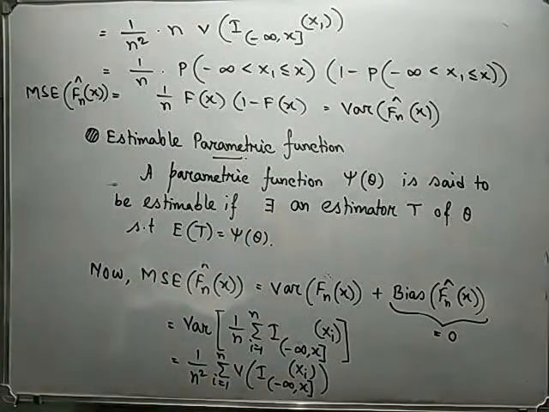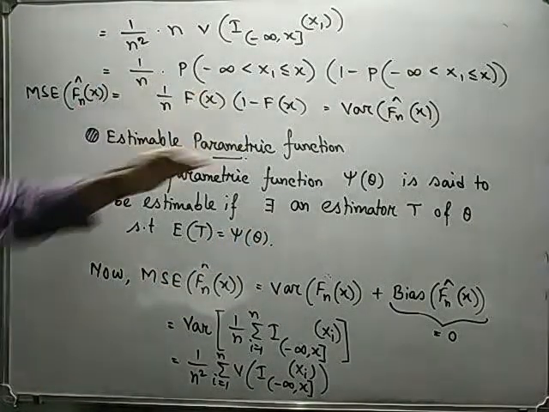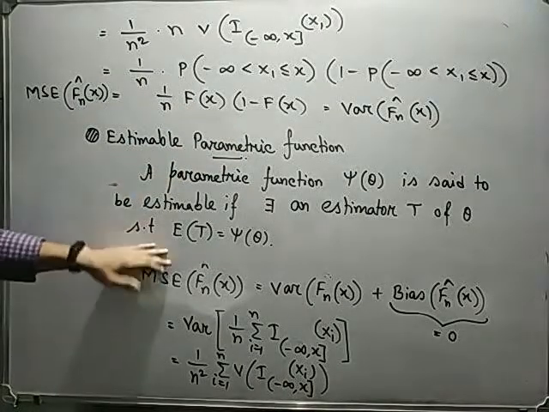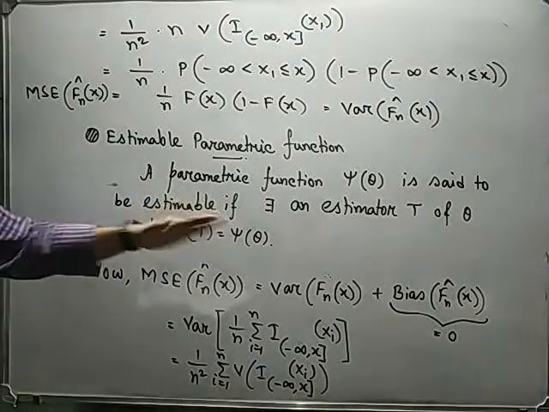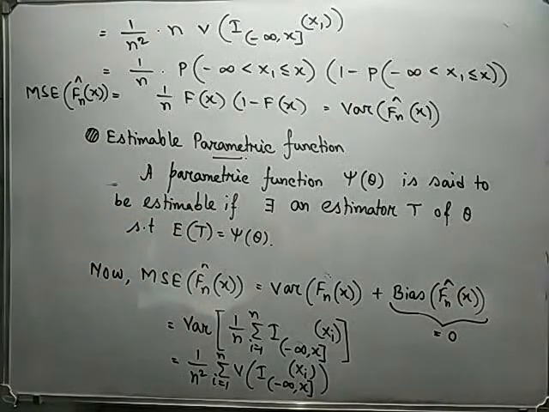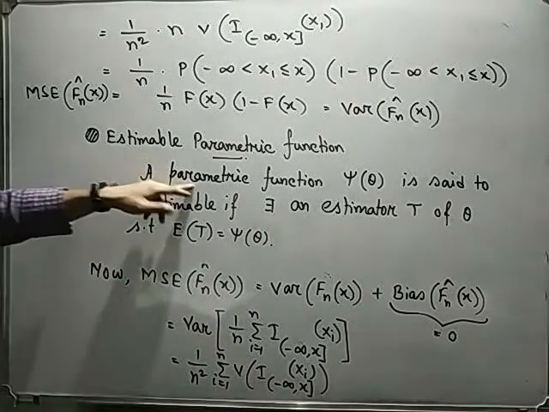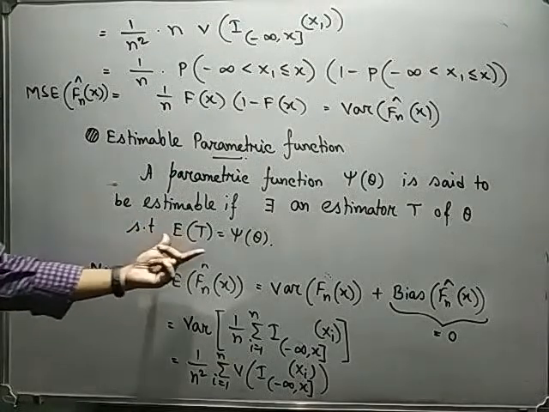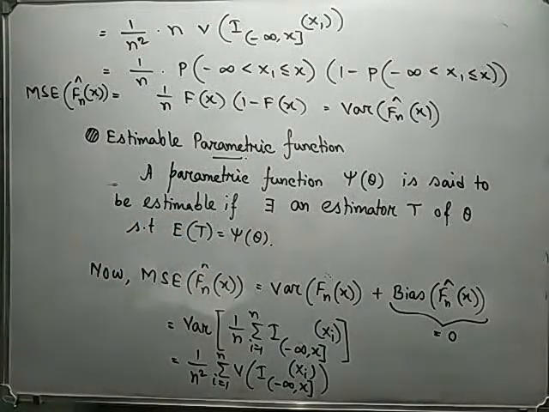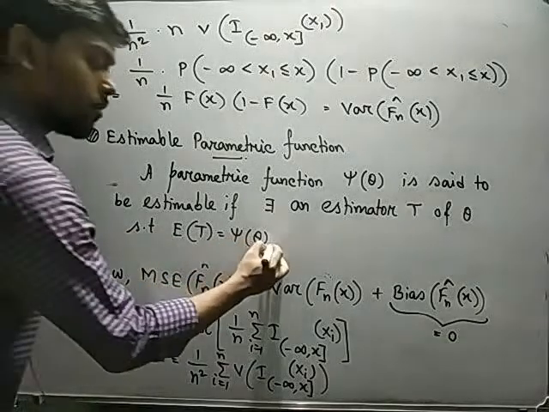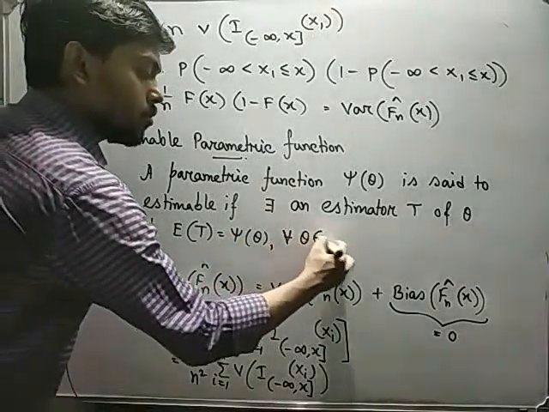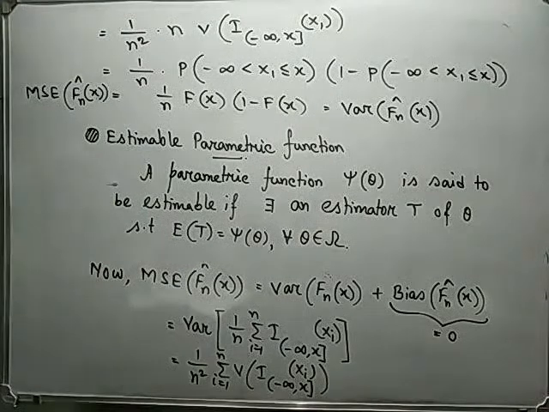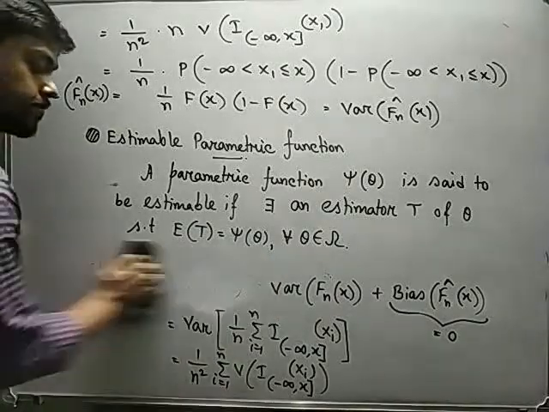There are popular problems to check whether psi theta is estimable or not, and I'll do some examples. So a parametric function psi theta is estimable if we get a T such that the expectation of T is equal to psi theta, and if this is true for all theta belonging to omega, that means for all values of the parameter space. If this is true, we can say that this is estimable. So let's have some examples for that.